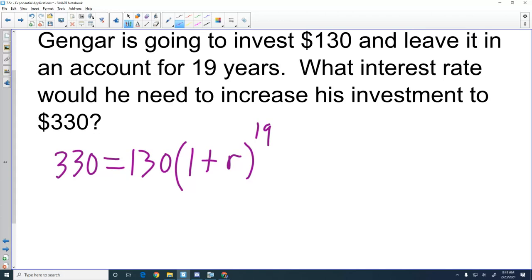So it looked like this, just our generic exponential growth. This one we're solving for r. Had to divide out. I want to take a 19 through.